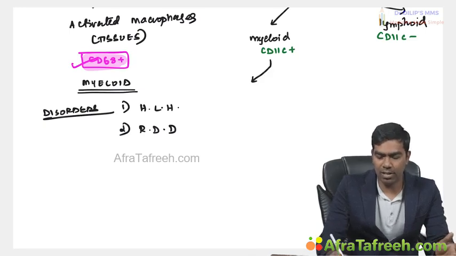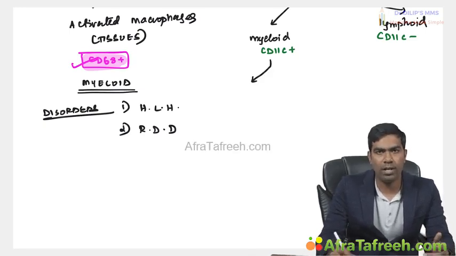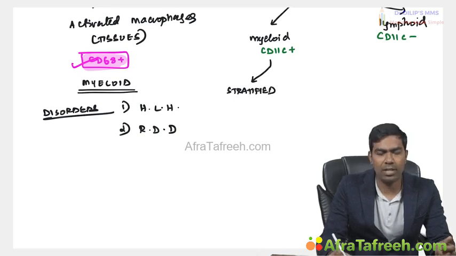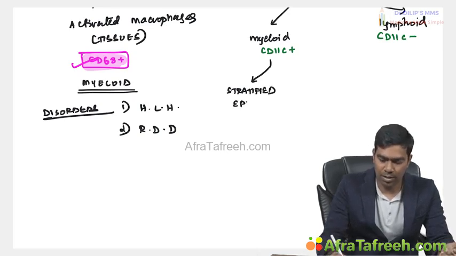A myeloid lineage dendritic cell again can be divided into types. One is those dendritic cells present in the stratified epithelium.